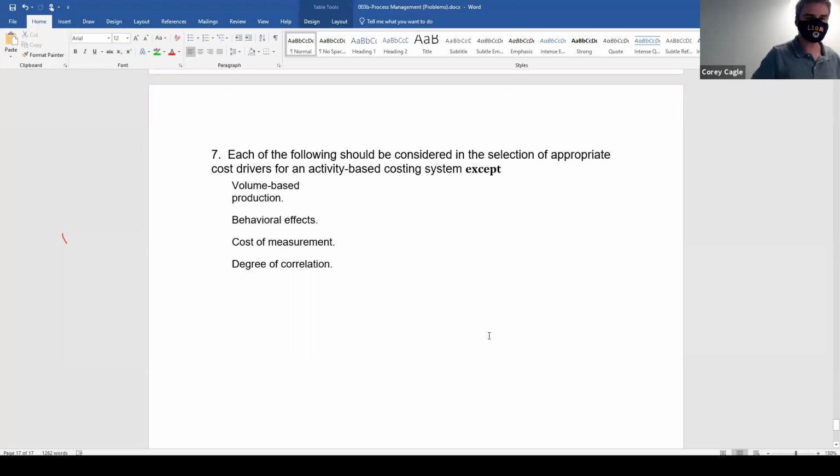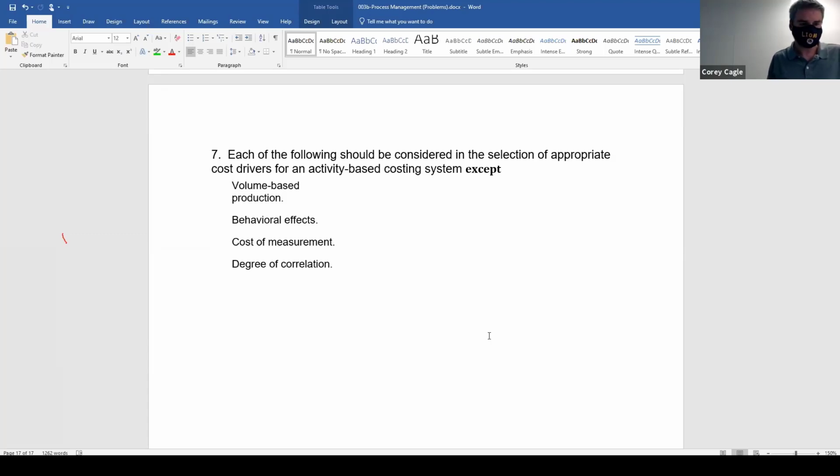Each of the following should be considered in the selection of an appropriate cost driver for the activity-based costing system, except what? A says volume-based production. C says behavioral effects. We always want to consider behavioral effects.